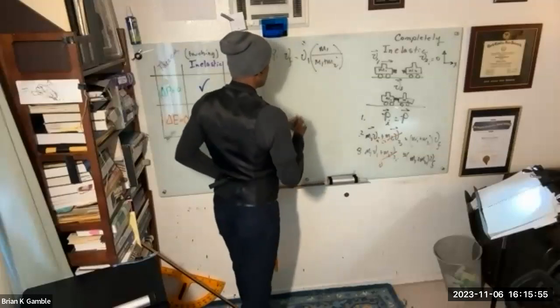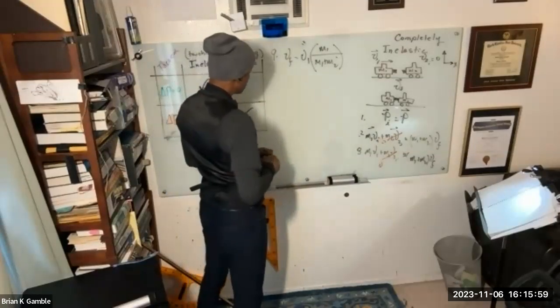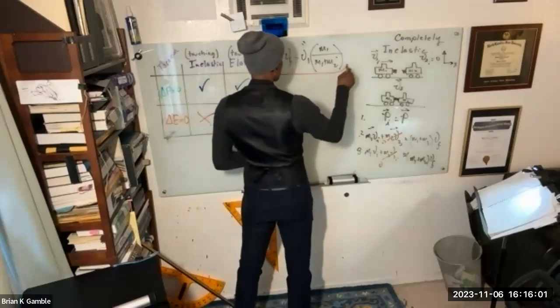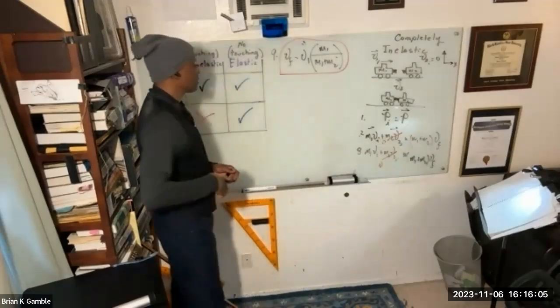So that's it. That gives me the final velocity of that thing. And you can see what's nice. We'll go through this a little bit more at the end when we get everything derived.